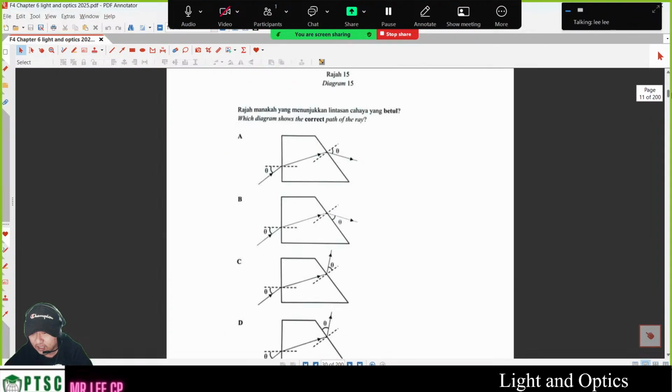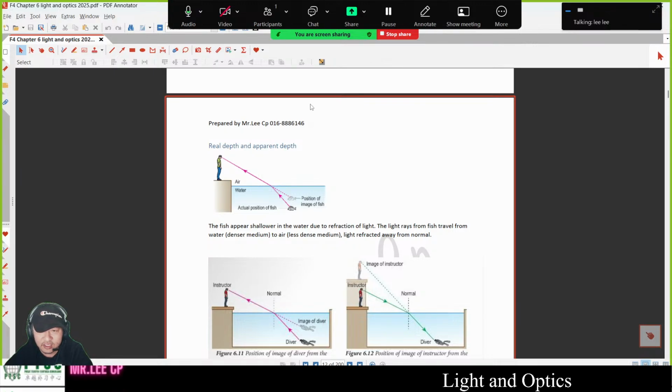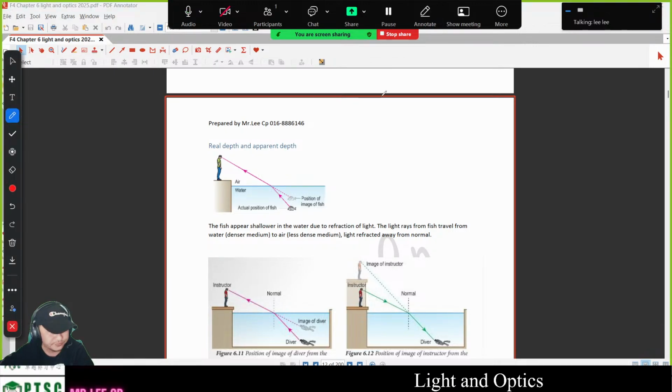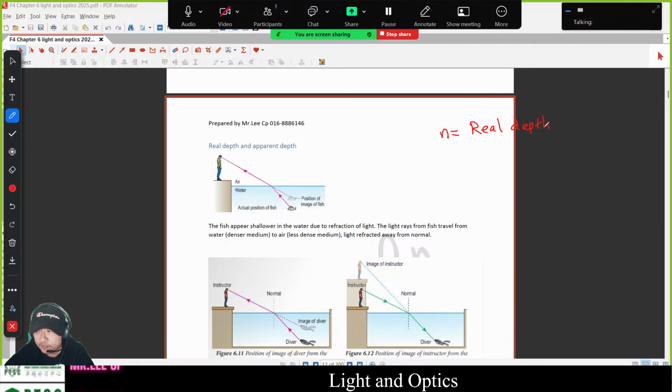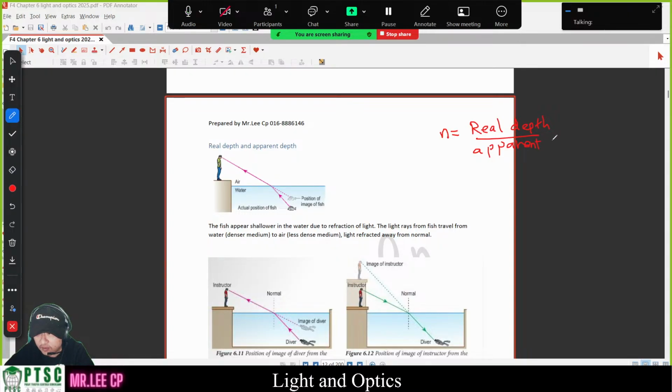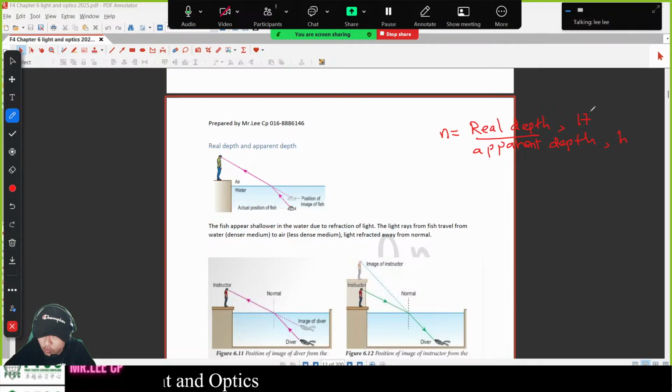But okay, now the second formula is N is equal to real depth over apparent depth. Real depth we are going to put the big H, apparent depth we are going to put the small h. So always use big over small.